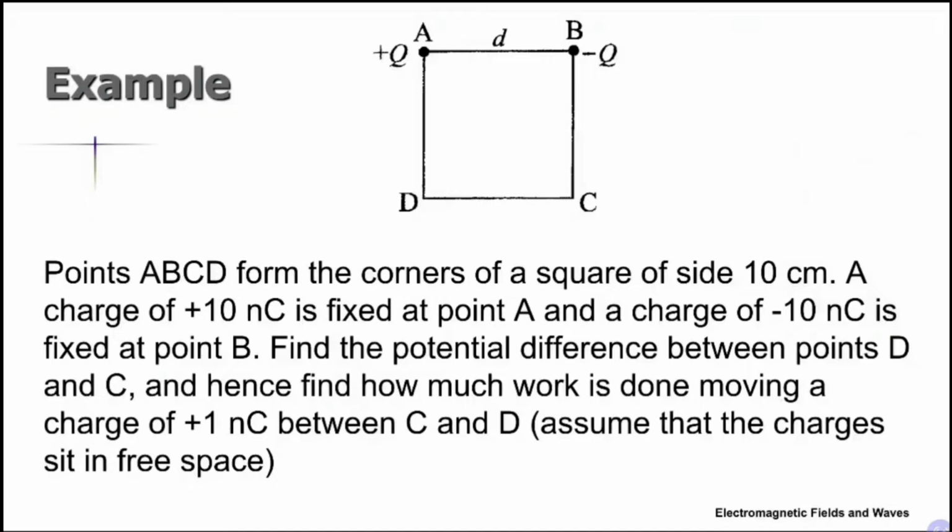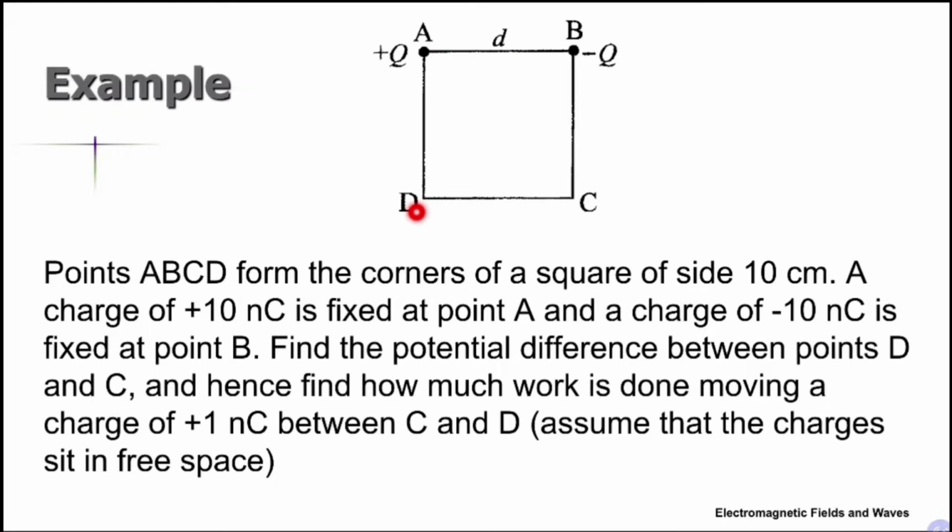Okay, in this example, we have a charge plus Q sitting at a point A, and then a charge minus Q sitting at a point B, and the two charges are separated by a distance d.